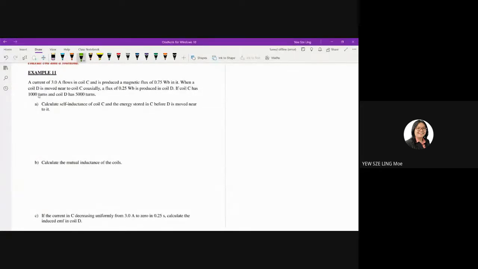When a coil D is moved near to coil C coaxially, a flux of 0.25 Weber is produced in coil D. Like I told you just now, the flux across C and the flux in D are not going to be the same because of flux leakage. If coil C has 1,000 turns and coil D has 5,000 turns, what happens here?